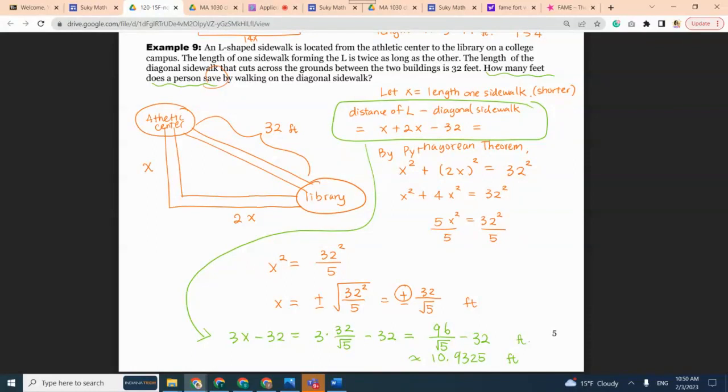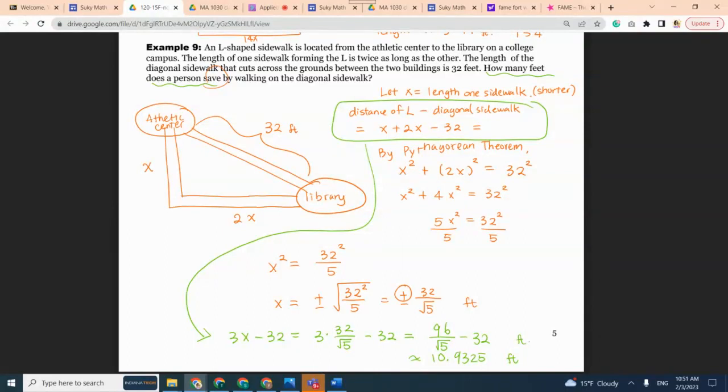Then you see this is a right triangle, and for right triangles, we have the Pythagorean theorem. So x squared plus 2x squared equals the hypotenuse, 32 squared. 2x squared is 4x squared, because 2 squared is 4. You combine the 1 and 4, you get 5x squared.